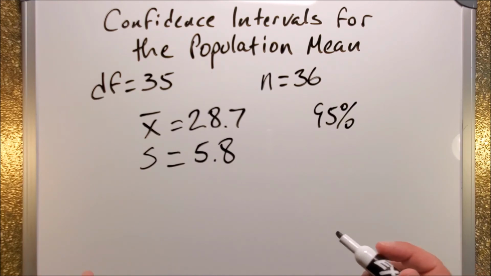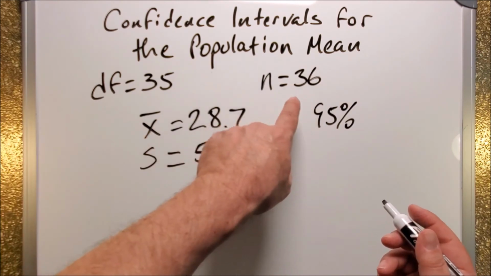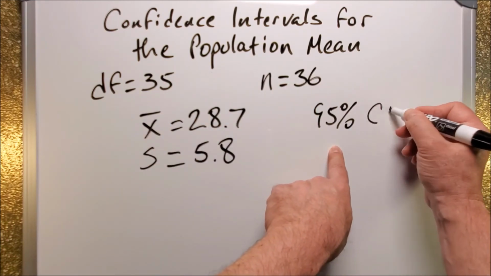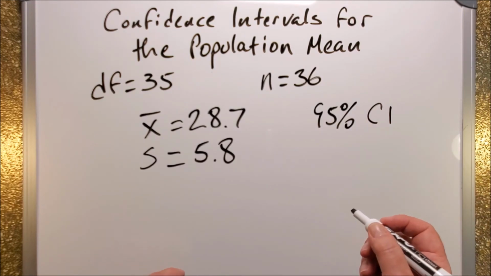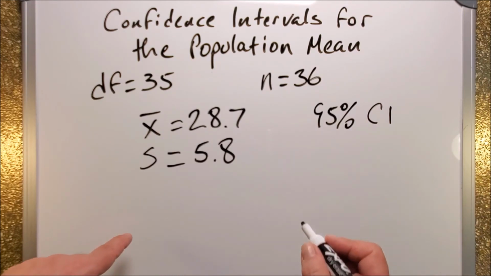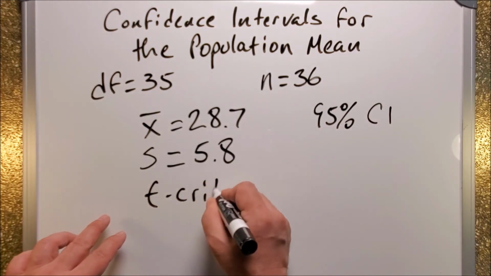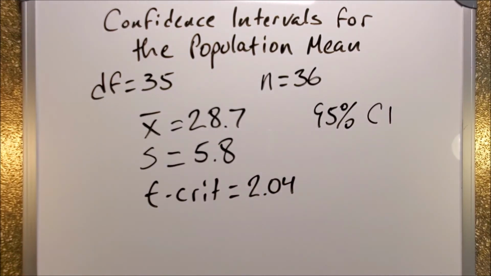If I look up on the table, as if I'm looking it up fresh right now, I notice that with the degrees of freedom of n-1, 35, for 95% confidence, I'm using 2.04 or 2.02. I'm going to go ahead and use 2.04 as my t-critical value, because I want to be conservative about it.